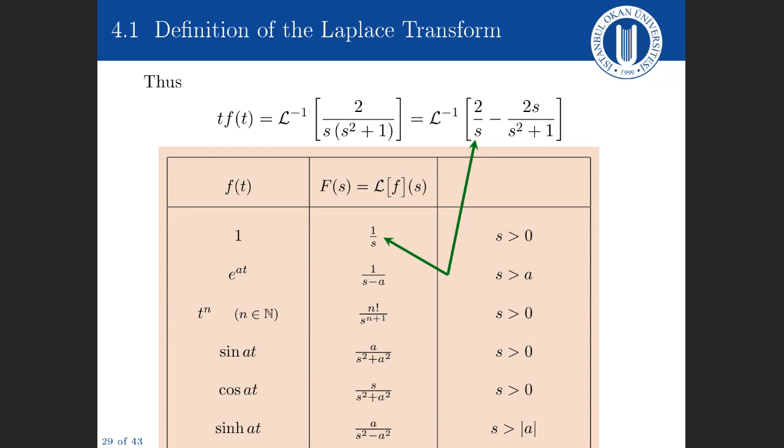And we also need something which looks like 2s divided by s squared plus 1. Here it is. These are the elementary Laplace transforms that we're going to need. The Laplace transform of 1 is 1 over s, and the Laplace transform of cos at is s over s squared plus a squared. I'm going to write these at the bottom.